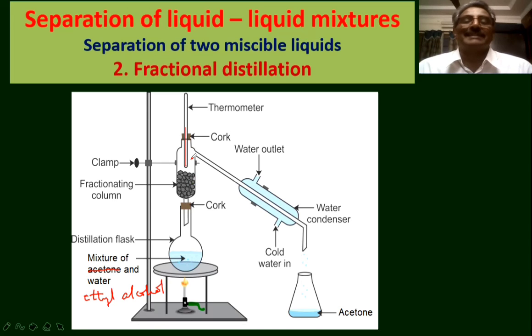The vapors contain the vapors of ethyl alcohol along with vapors of water. But when the water vapor rises to these surfaces, the water condenses and drops down to the flask. Only ethyl alcohol vapors reach the condenser, and in this condenser ethyl alcohol changes to liquid state and is collected in the flask.